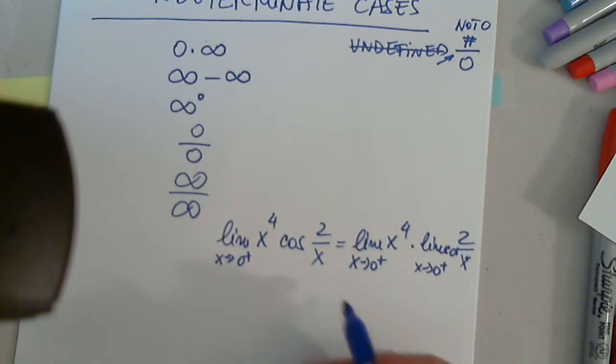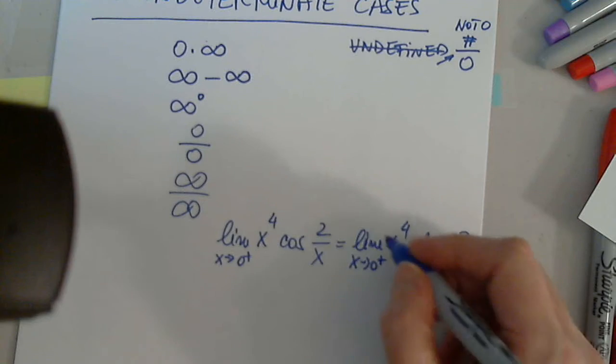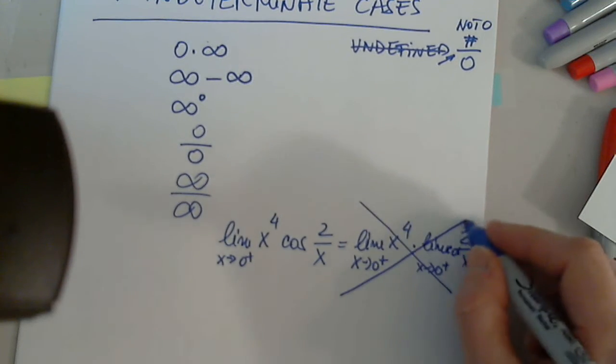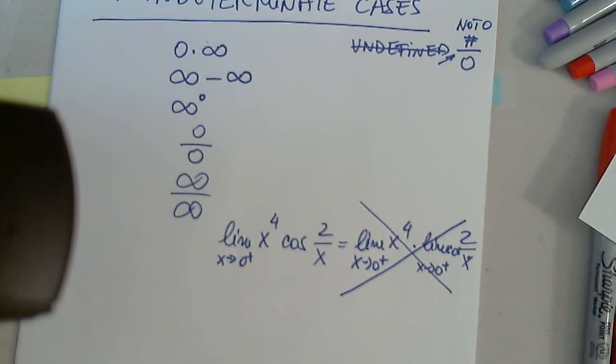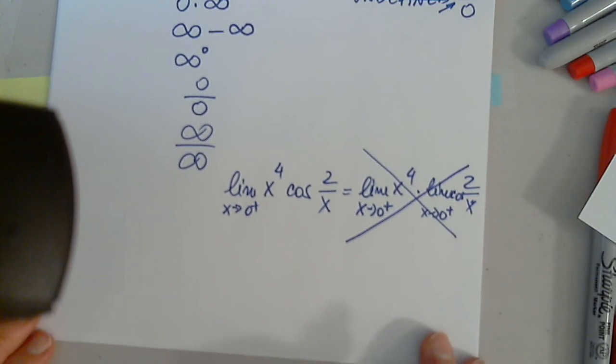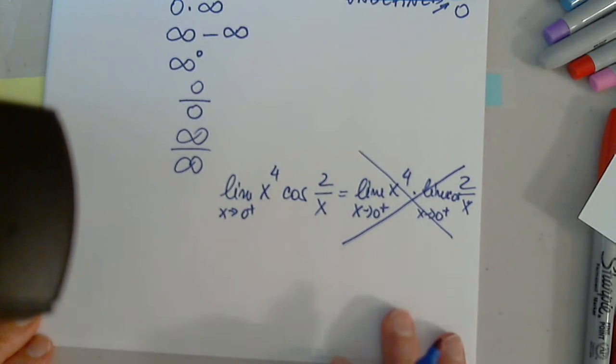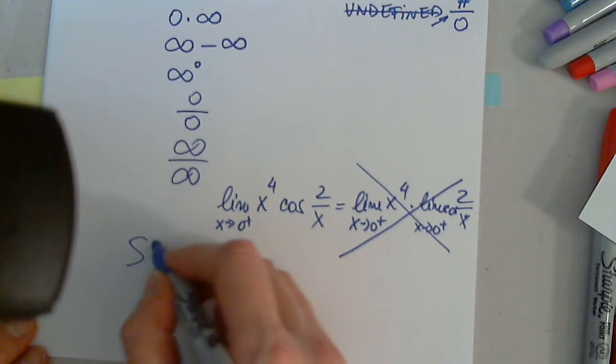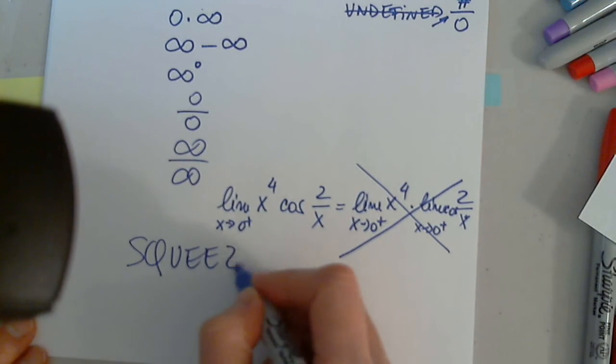Can I do this? Jordan? Yes. Or no, because one of them is infinity. Very good. Limit law is not applicable here. Excellent. Great job. Okay, so this is a typical situation in which we will use the squeeze theorem.